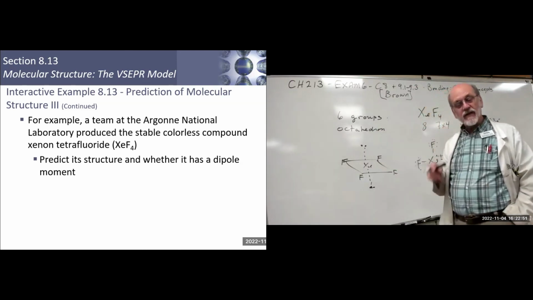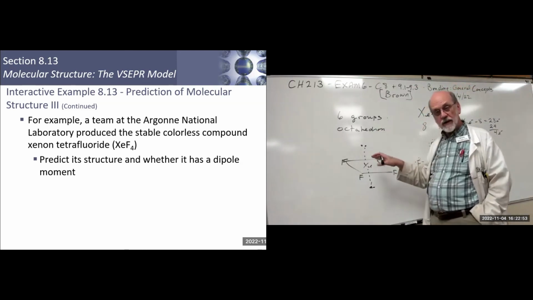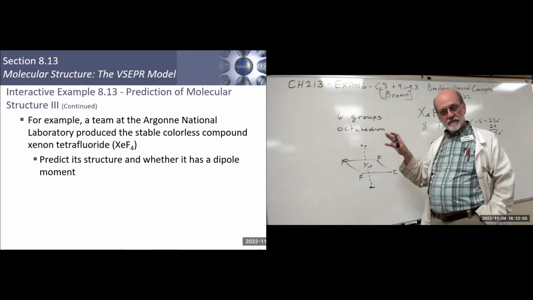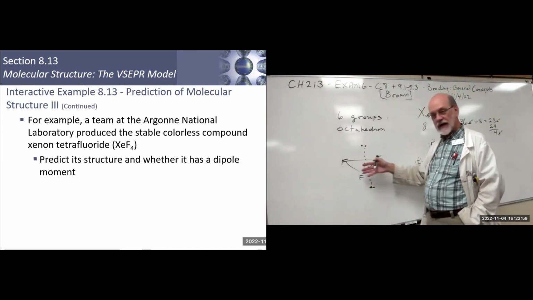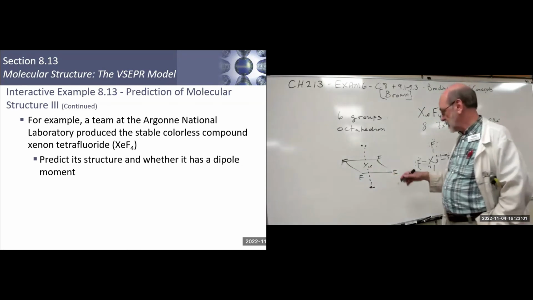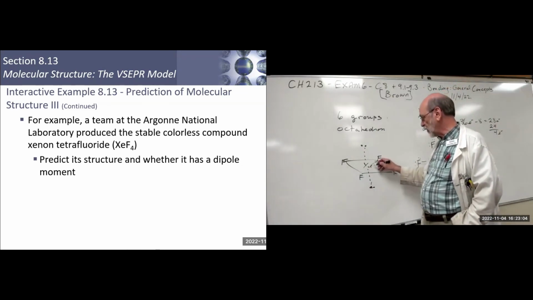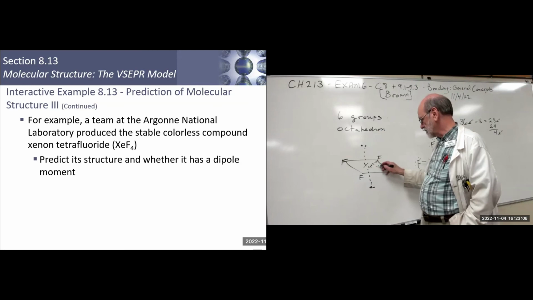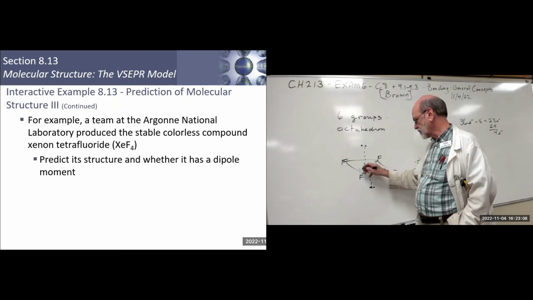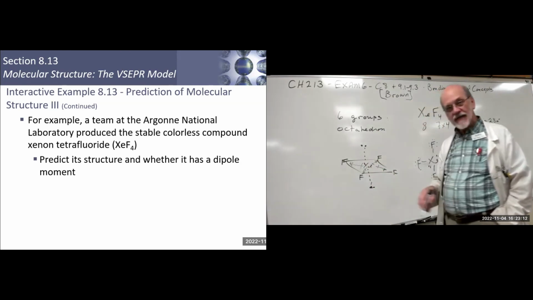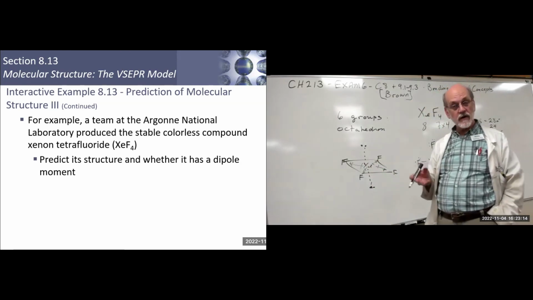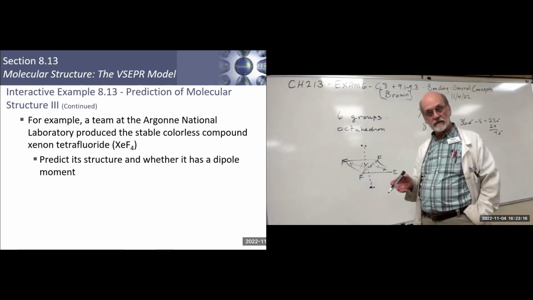So now that we know the electronic geometry, what's the molecular geometry? We cover these up. What do you have? You have square planar. Each of these has a dipole in that direction. And they all cancel each other out because they are equivalent.